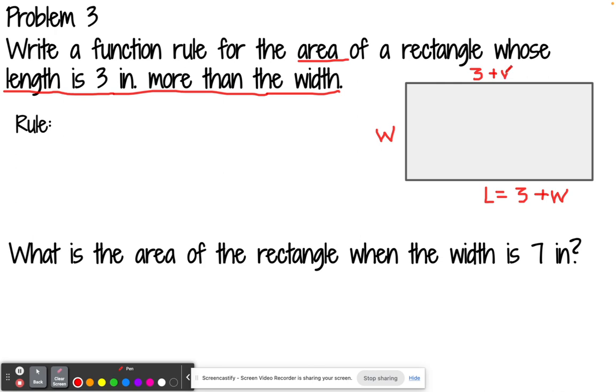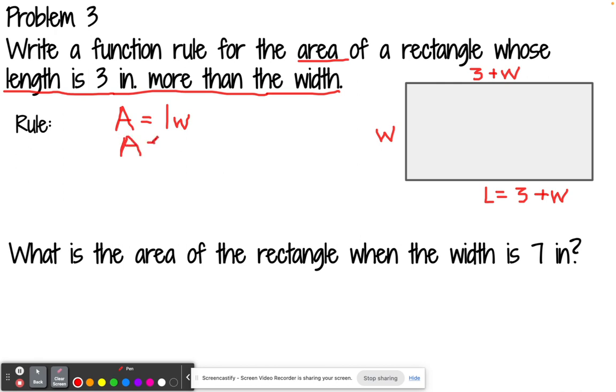Now, if you remember, the rule for the area of a rectangle is area equals length times width. And in this case, my length is equal to 3 inches more than my width.